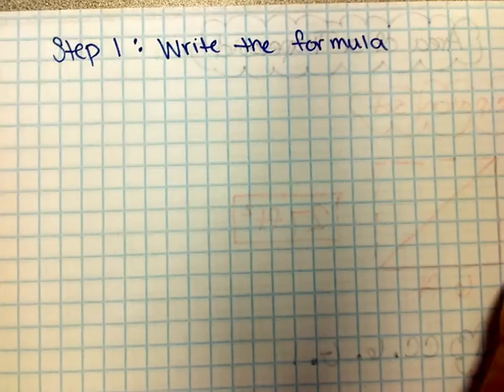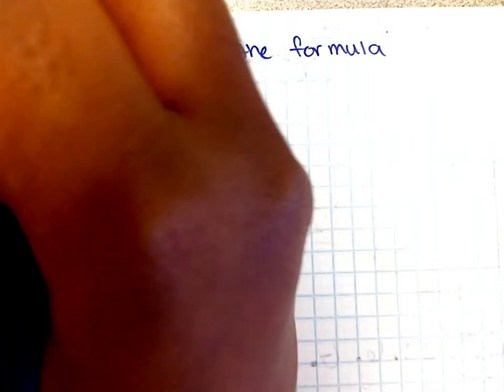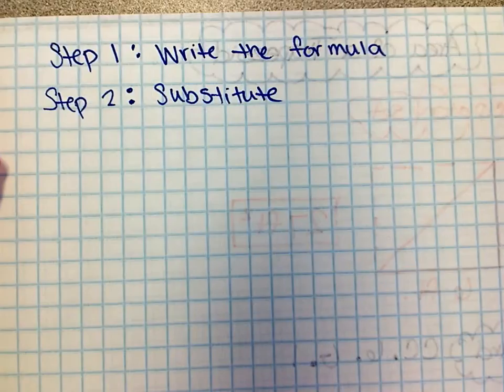So here we go. We're going to write the steps. Step 1. You're going to write the formula. Step 2. You're going to substitute. So you're just substituting the numbers.